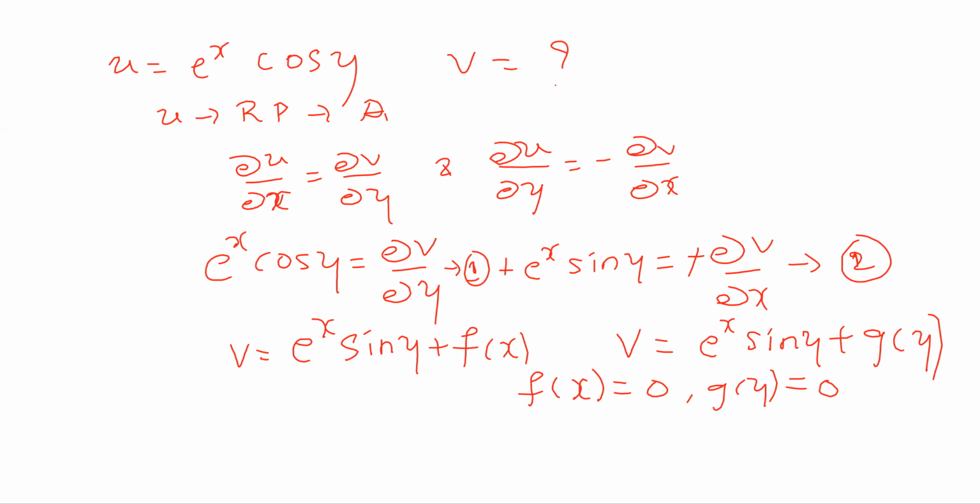For example, in the second equation, if you got e power x sin y plus x square plus g of y, then x square is a function of x alone. So f of x will be equal to x square.